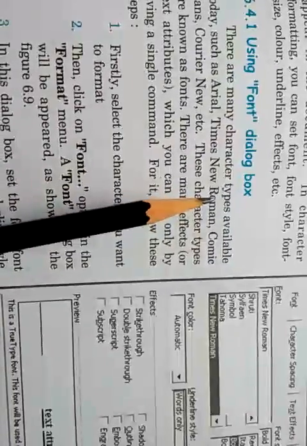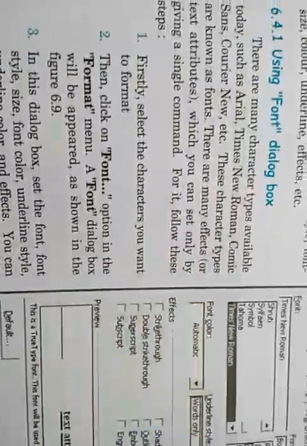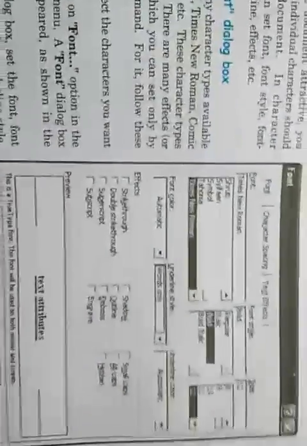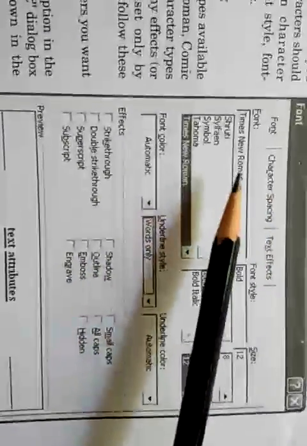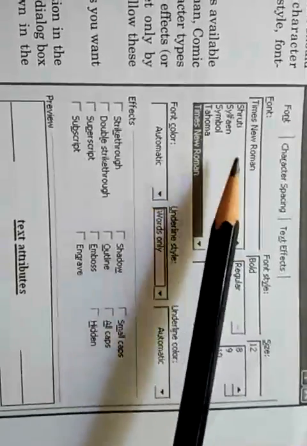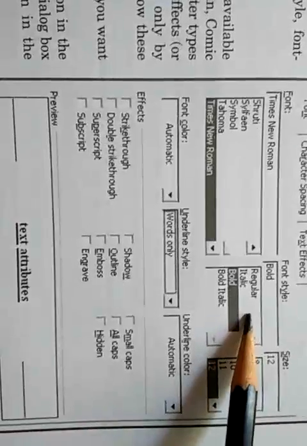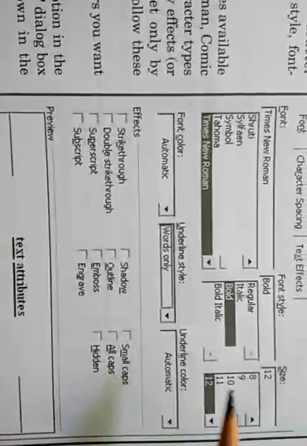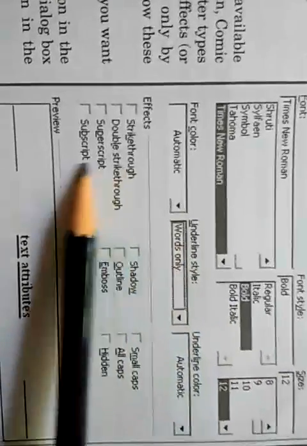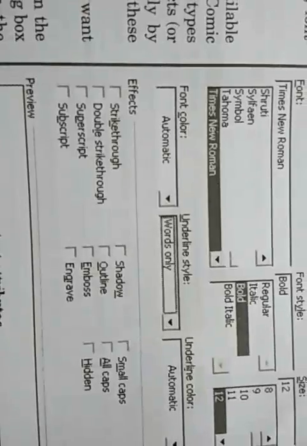This will be in the Format menu, or you can open it with the shortcut key Ctrl plus D. The font dialog will be displayed on the screen, and now you can see the styles of font, the names of fonts which we want to change, and these are the styles that are also available on the formatting toolbar: bold, italic, underline, and the size of the font, and some special effects like strikethrough, double strikethrough, shadow, outline, and so on.